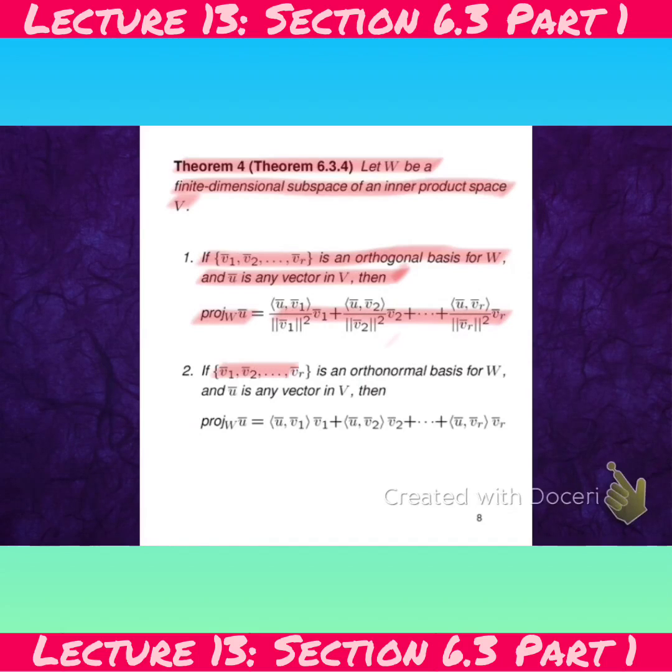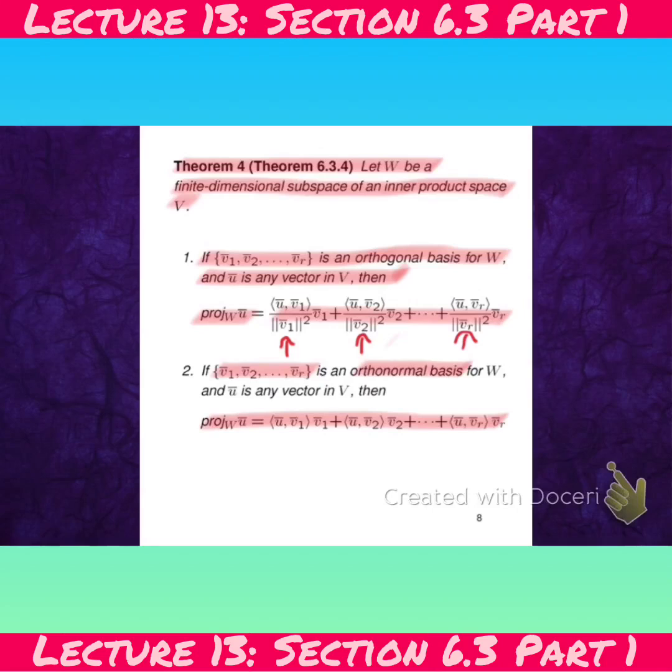And if it happens that the set of vectors is an orthonormal basis, meaning that the norm of each vector in this basis is 1, then this projection reduces to that. It's simply so because all we do is replace each one of these norms with 1.